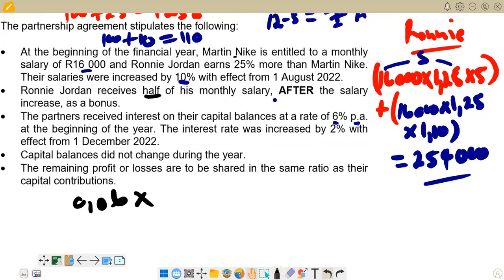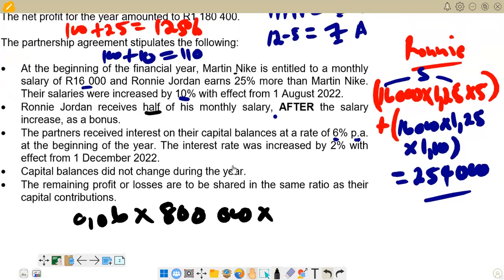So here we multiply by 800,000. And remember, before the increment, we can go back again to check how many months we have before it increased to 2%. It was 1 December, and we had 9 months there. So we are multiplying by 9 over 12.